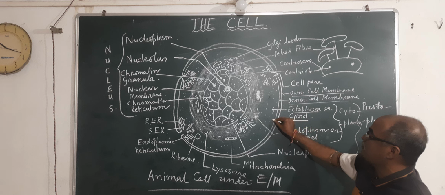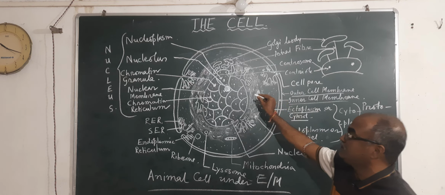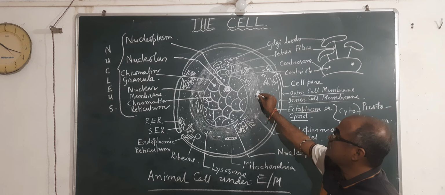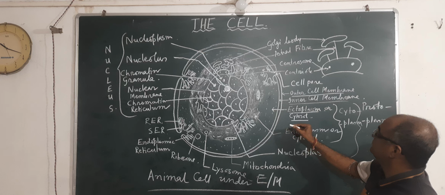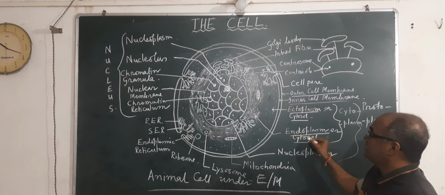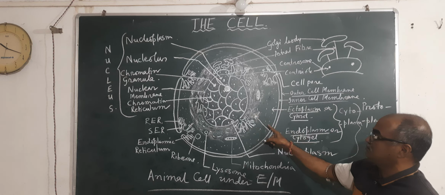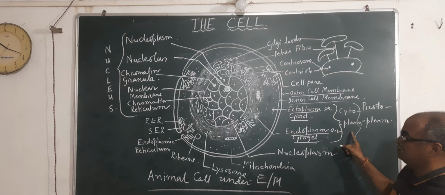The inner side is jelly like, as we take jelly with bread, therefore it is called the cytogel or endoplasm. Endoplasm and ectoplasm together form the cytoplasm.